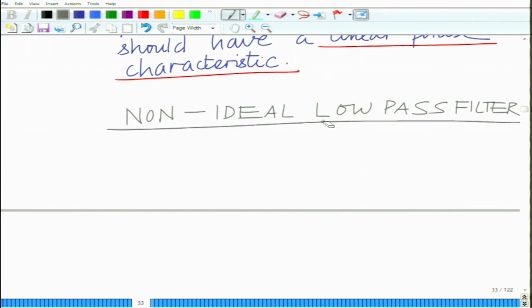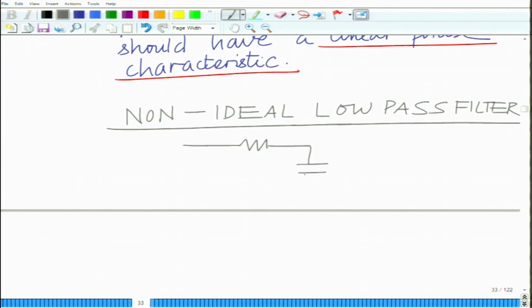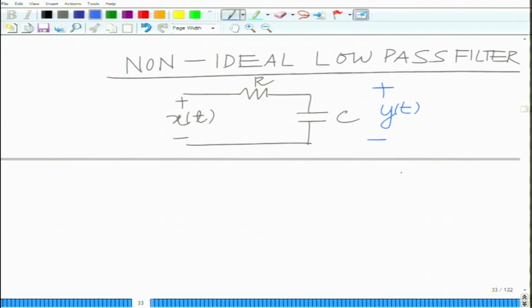Let us look at a non-ideal low pass filter, which is simply given by this RC circuit. The simplest low pass filter, let us say x(t) is the input voltage, y(t) is the output voltage. Let us look at the relation between x(t) and y(t).